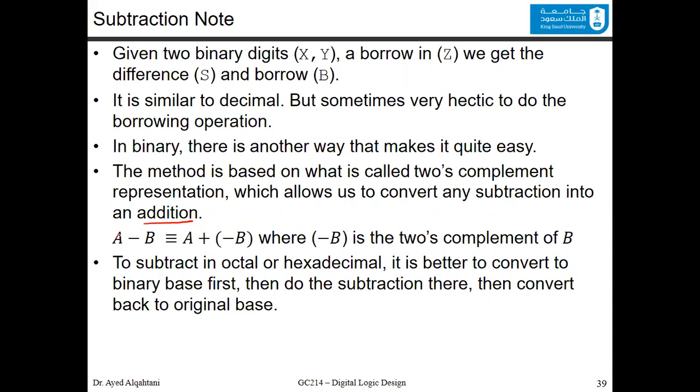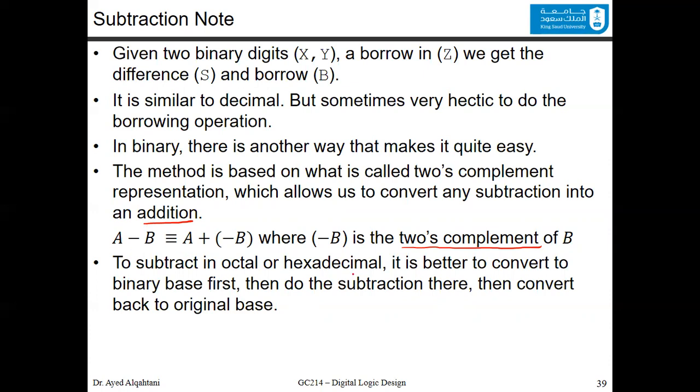So if we have a minus b, we will make the equivalent addition for it, which is a plus the negative value of b, where the negative value is generated using the 2's complement of b. Now, the 2's complement, we didn't describe it yet. We will see it in the next few slides.